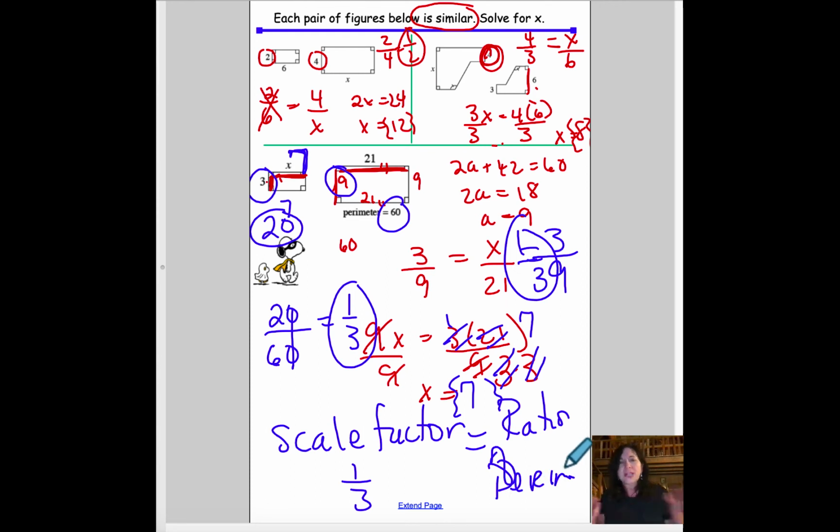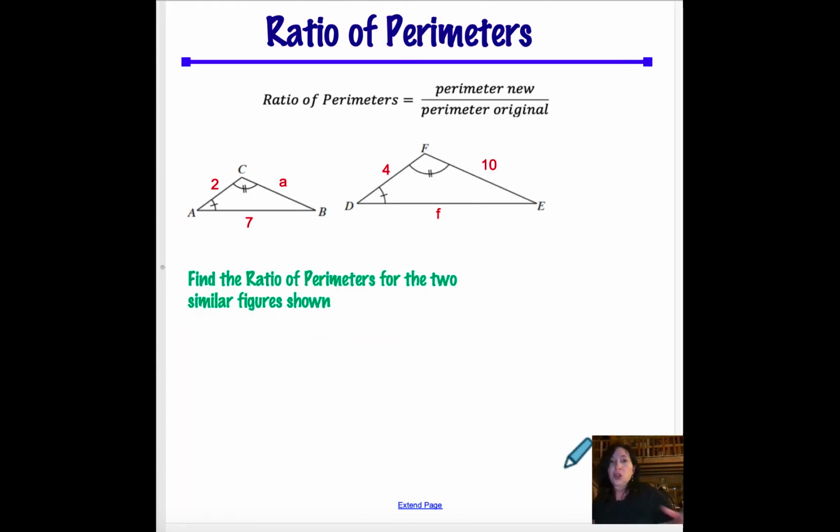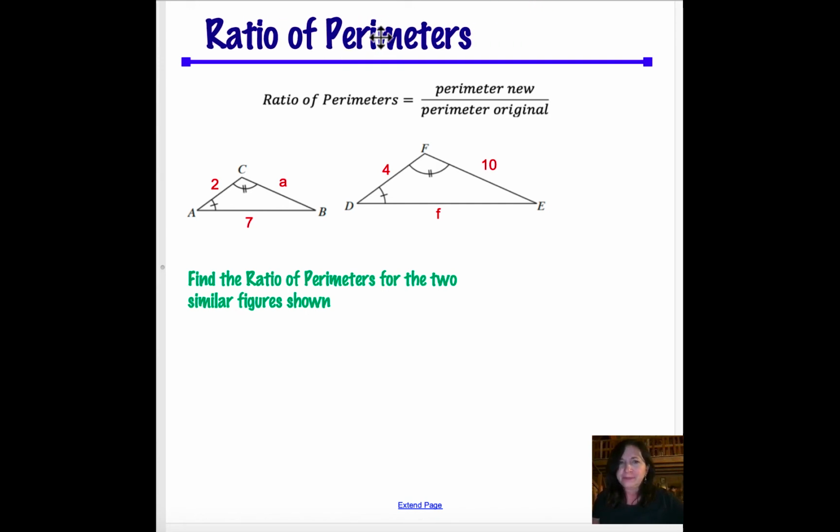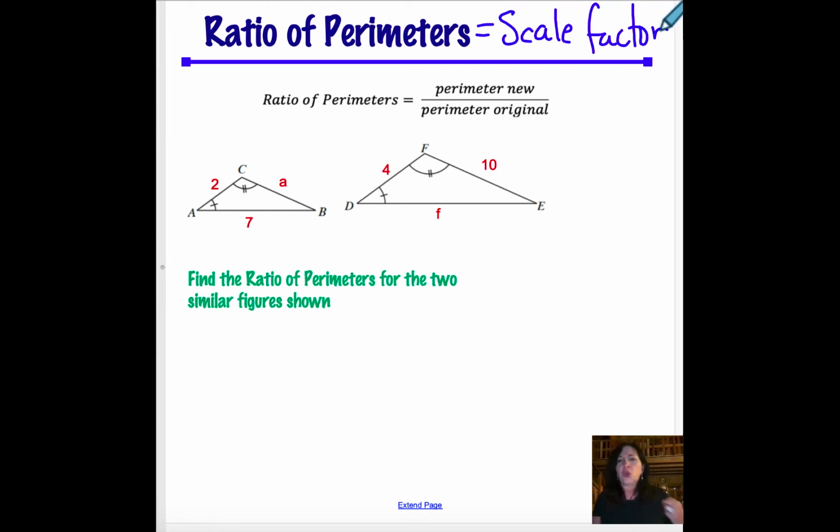Okay, so those are actually equal. So that's a thing to know. So great segue into this problem. The ratio of perimeters is the same value as your scale factor. Okay, and so whatever your scale factor is, that's the ratio of your perimeter.